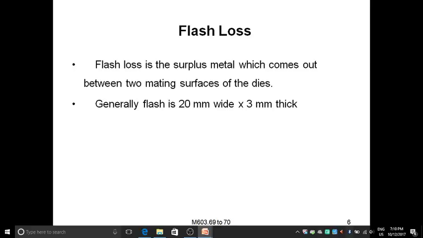Normally this will be considered as 20 mm, or 2 centimeters wide. That means the material will project on the perimeter of the object with a width of 20 mm and a thickness of 3 mm, if it is a machine forging.